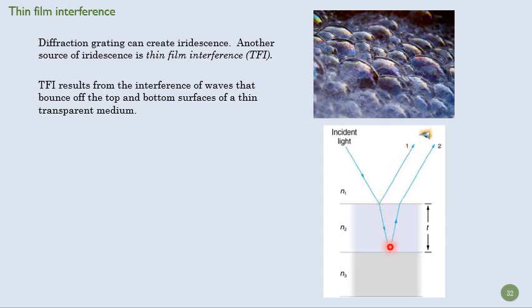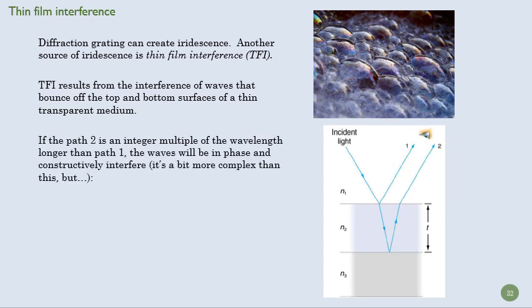Some of the light goes over here and bounces off the bottom edge of the bubble and then comes back out. So this light has traveled a little bit farther than this light. If it's traveled half a wavelength farther, they're going to destructively interfere. If it's traveled a full wavelength farther, they're going to constructively interfere, and you're going to see that particular wavelength in a brighter way.